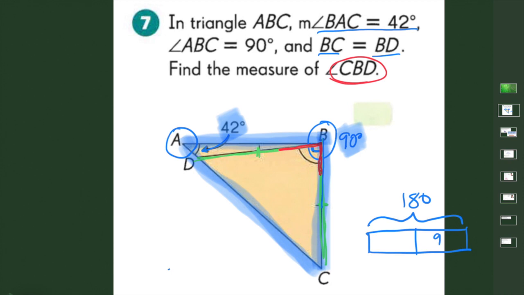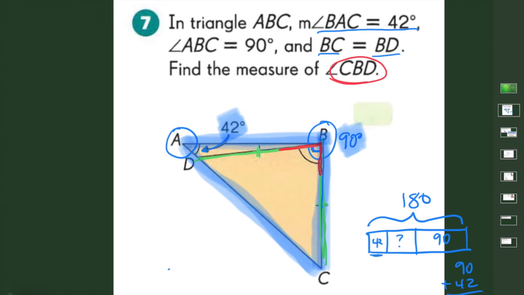So I can pretty easily find that missing angle. If I add 90 plus 42, I get 132.